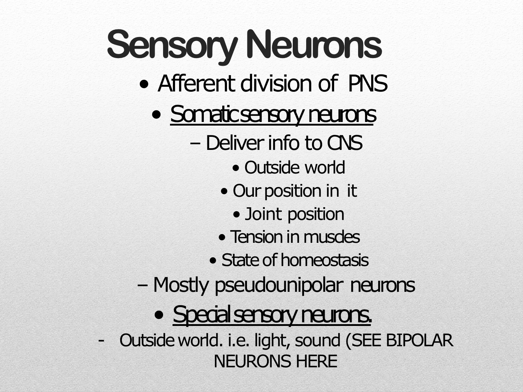So getting back to classification, the sensory neurons are part of the afferent division of the peripheral nervous system. The somatic sensory neurons deliver information to the central nervous system, so they take in environmental cues, environmental stimuli.